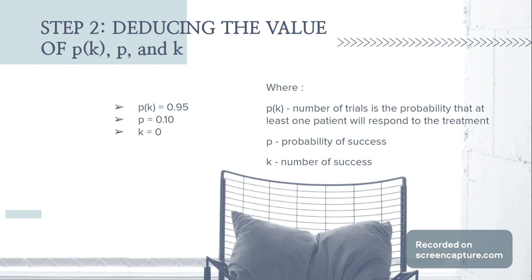And then from the efficacy of the treatment, we can get the value of p, which is the probability of success, to be equal to 0.10. Then for the value of k, we can refer to the same analysis we had in the previous question to conclude that our k will still be equal to 0.